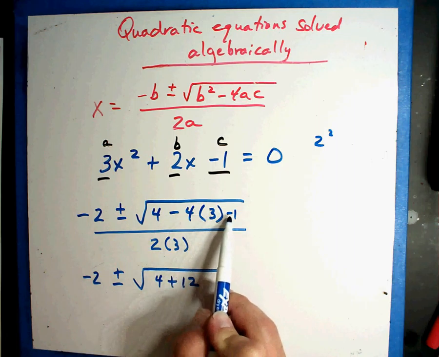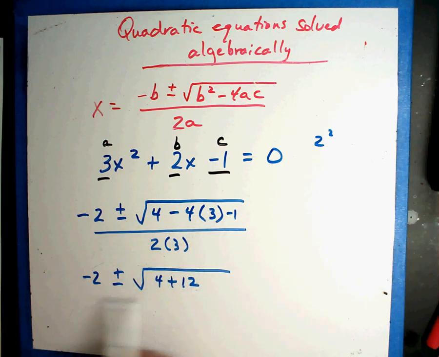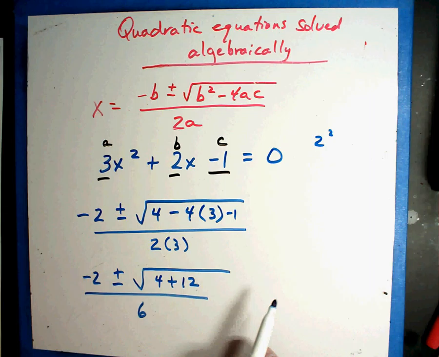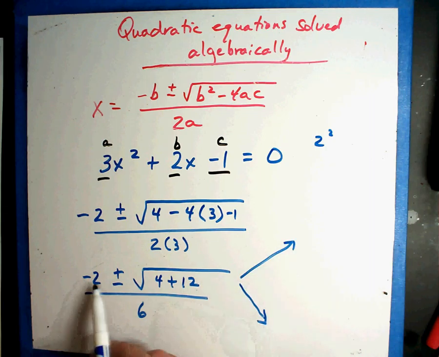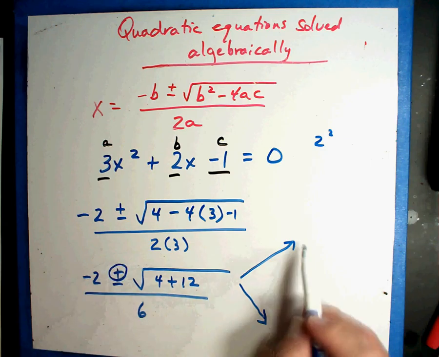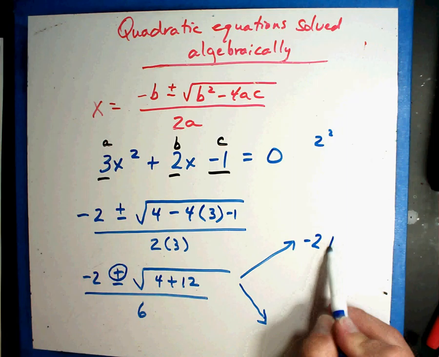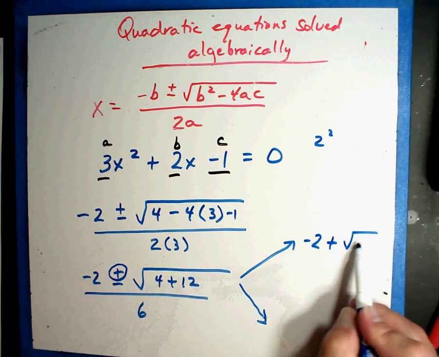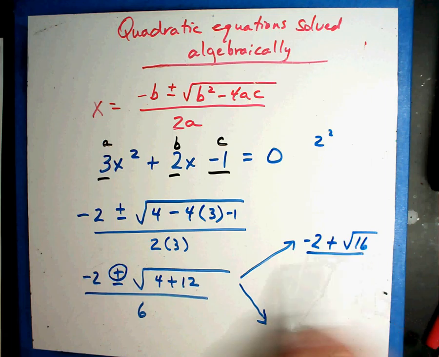Times the -1 changes the sign, becomes +12 over 6. So what I'm going to do is I'm going to end up having 2 answers. How do I get 2 answers? Well, that's what the plus or minus is for. First time we're going to use the plus. -2 plus the square root of 4 plus 12 is 16 divided by 6.